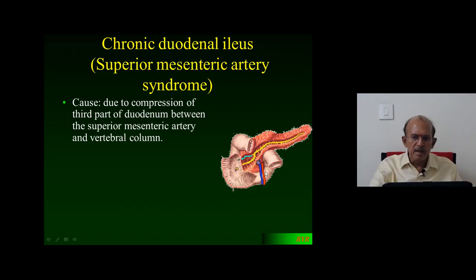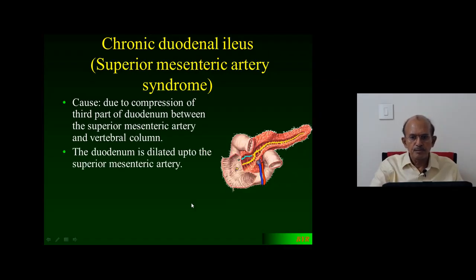So when this artery gets tightly stretched over the duodenum, it causes obstruction. In this case, the duodenum is dilated up to the superior mesenteric artery. It's grossly dilated because in any case where obstruction is there, proximal to the obstruction there will be dilatation.